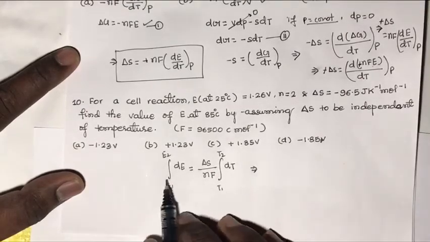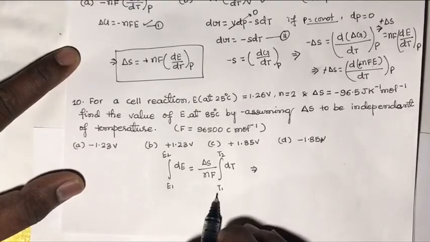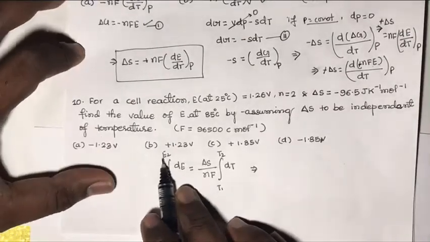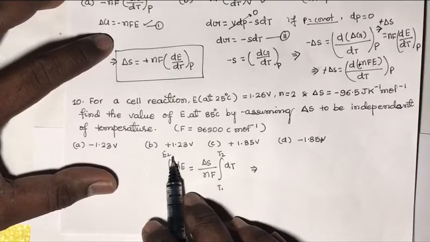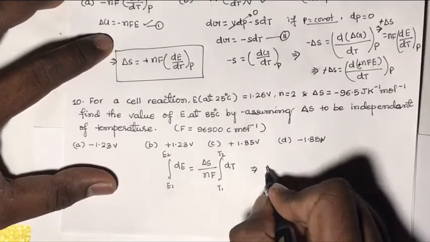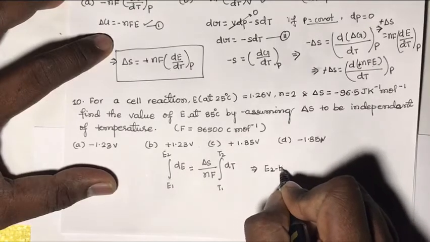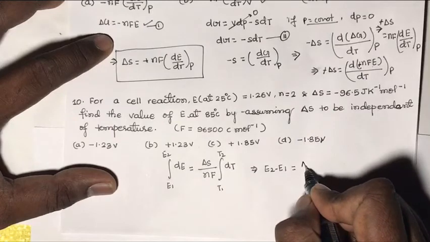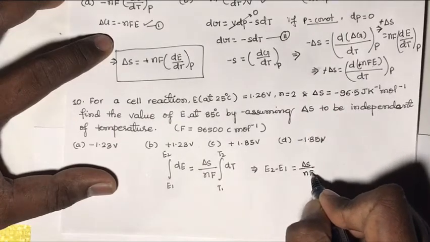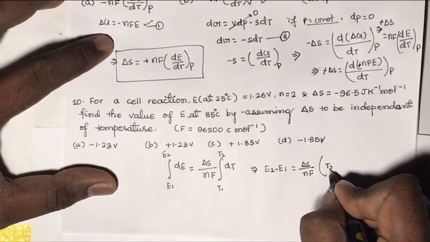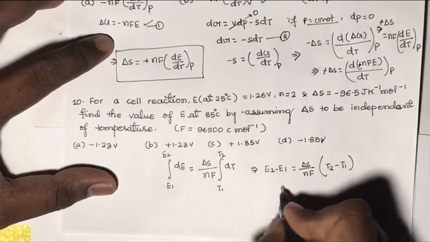We know the EMF of the cell at temperature T1, so solving this we can easily get the EMF of the cell at temperature T2. Now E2 minus E1 will be equal to delta S upon NF, the value of delta S is given here, times T2 minus T1.